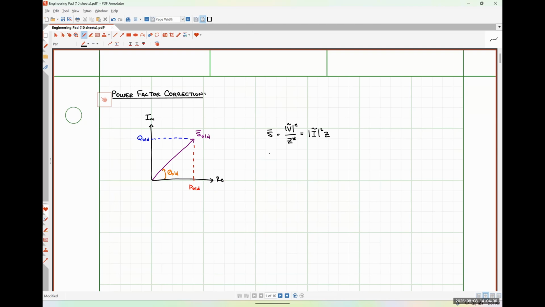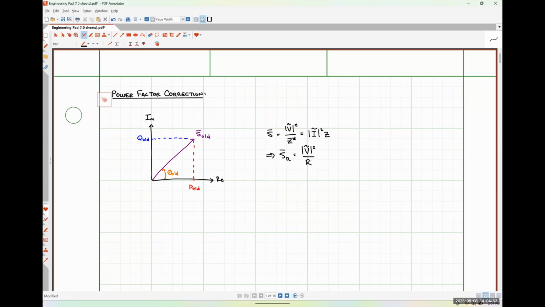So for a resistor, we would simply have the magnitude of the voltage squared divided by the resistance, because resistance has a purely real impedance.